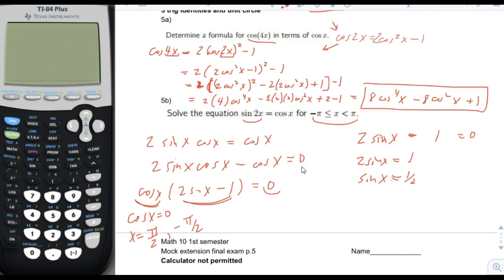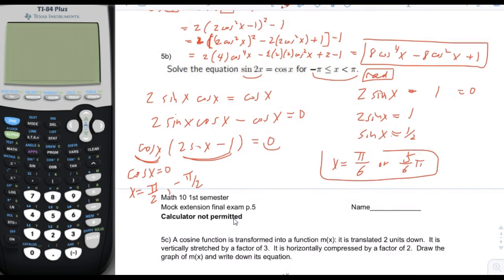That would be 30 degrees or 150 degrees. Okay, so that would be x equals pi over 6 or 5/6 pi. Okay, we're looking for radians here, right? Okay. We got these two solutions, or we got these two solutions.